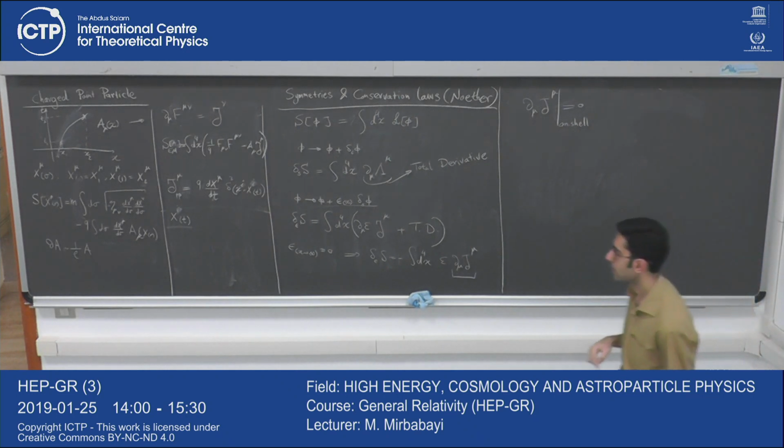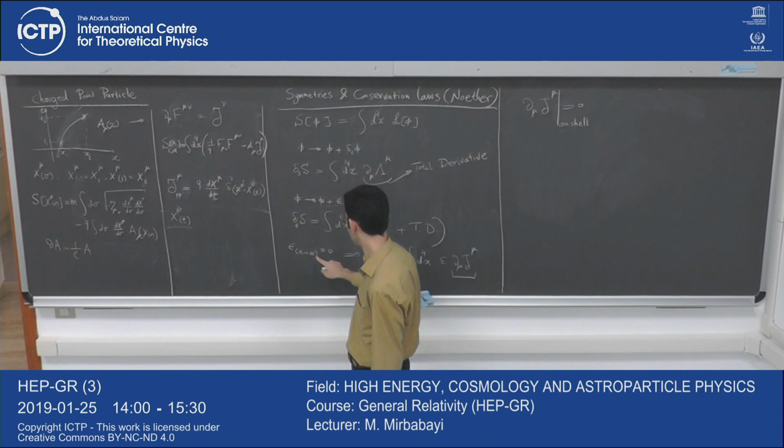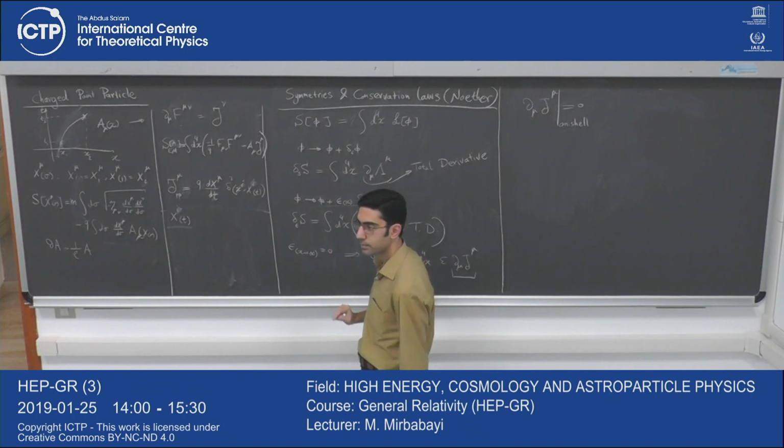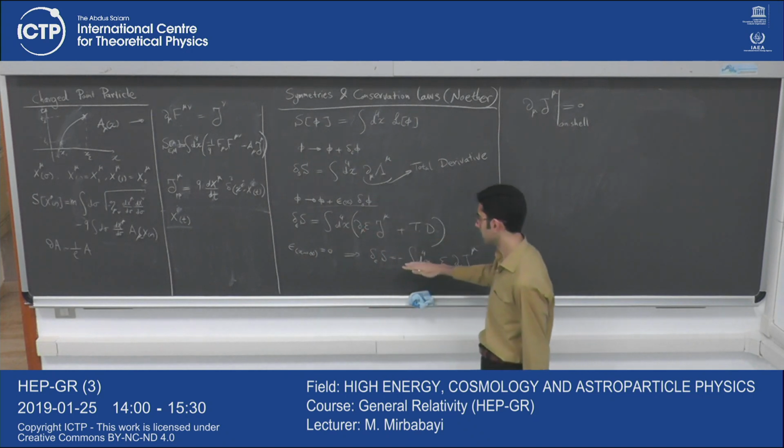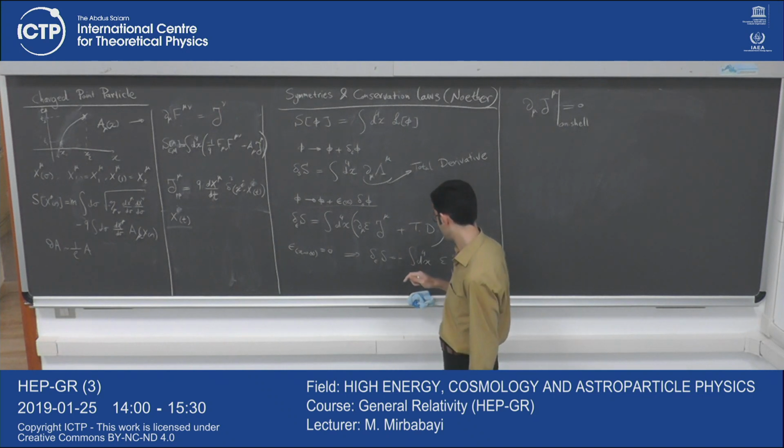That doesn't mean that epsilon equals 0. When epsilon of x goes to infinity, it is equal to 0. Is it delta S that is equal to 0, or epsilon itself?